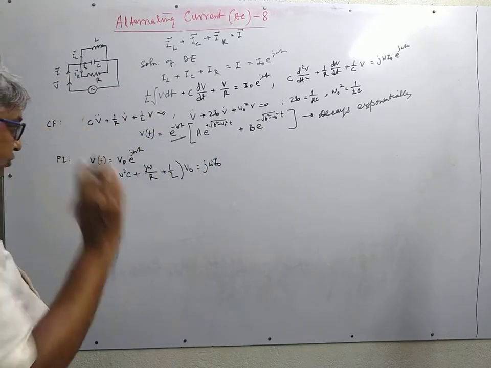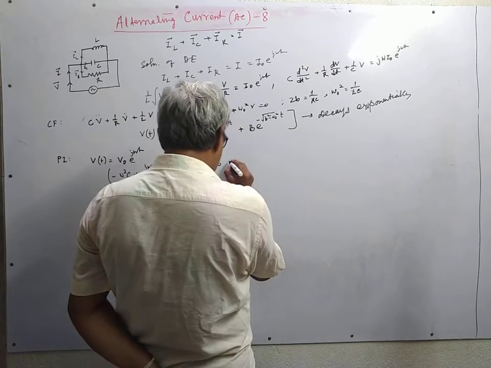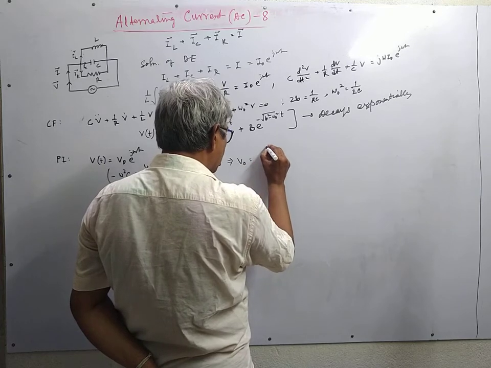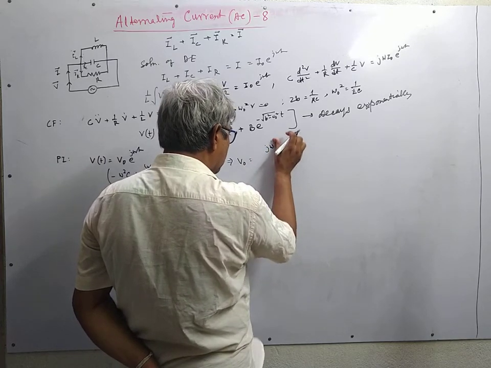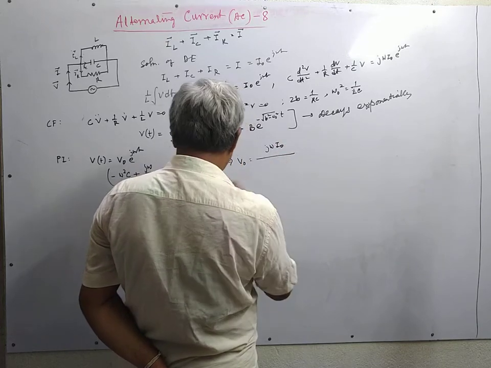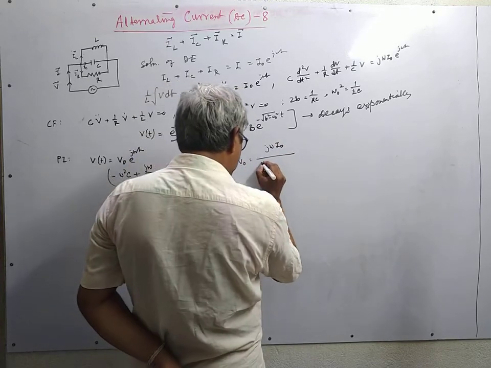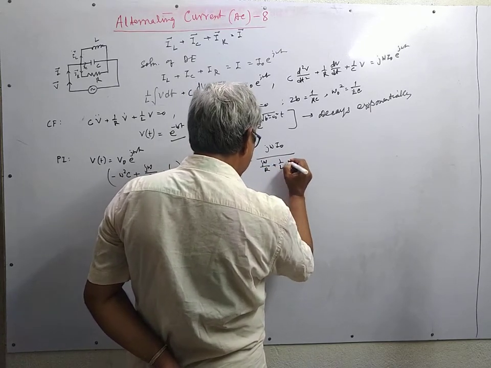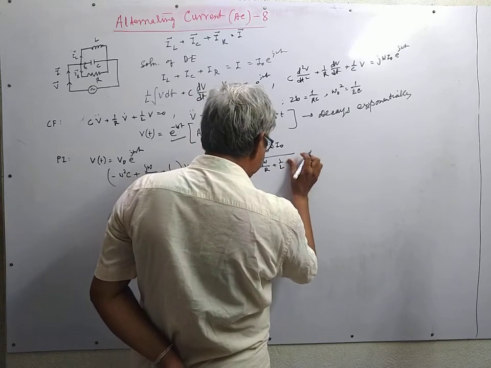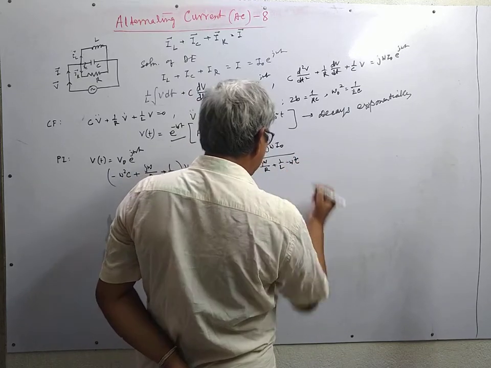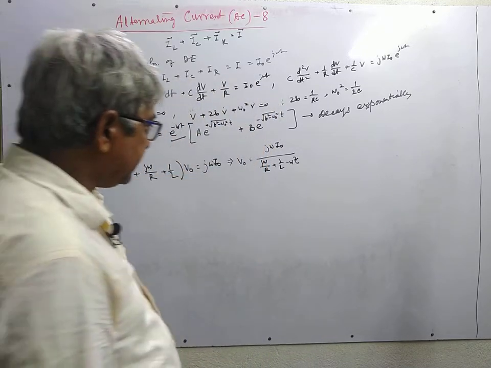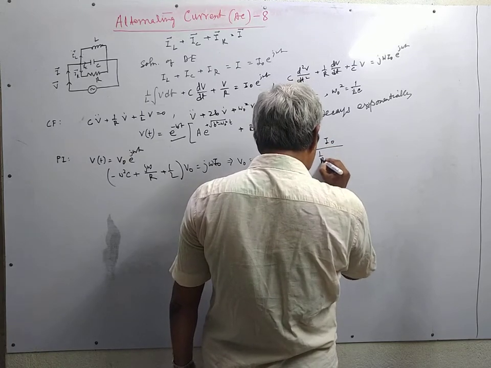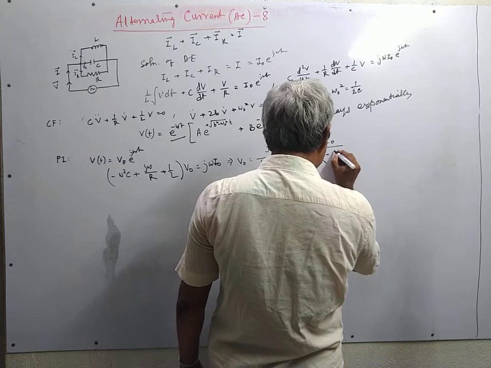We have neglected the e to the power j omega t term as usual. So we get V0 is equal to j omega I0 divided by this part. If we divide both numerator and denominator by j omega, this expression becomes I0 over 1 by R plus the remaining terms.